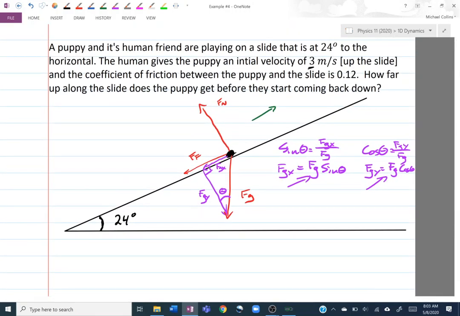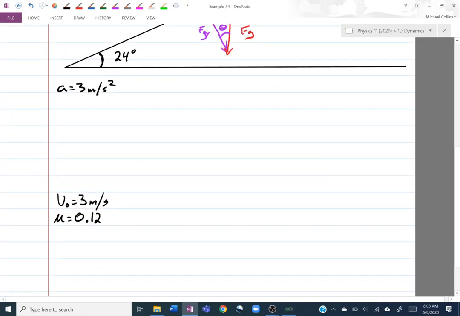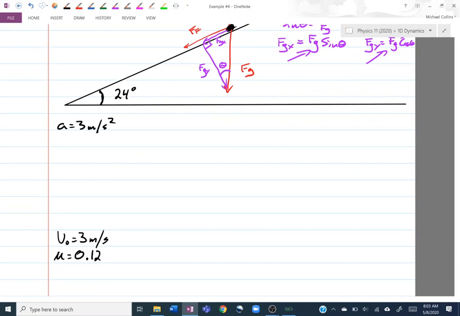So how far up along the slide does the puppy get before they start coming back down? If I take some of these details from the question, I have my initial velocity is 3 meters per second. I have my coefficient of friction is 0.12.